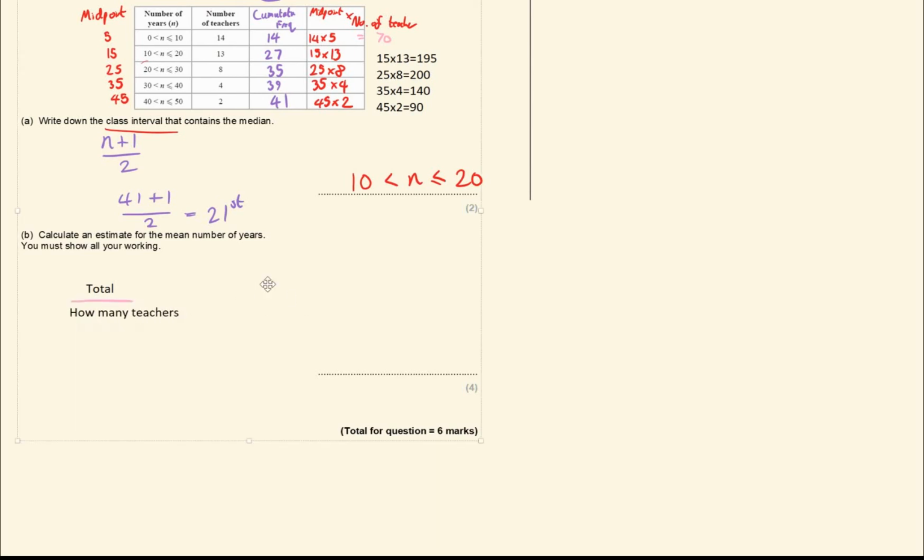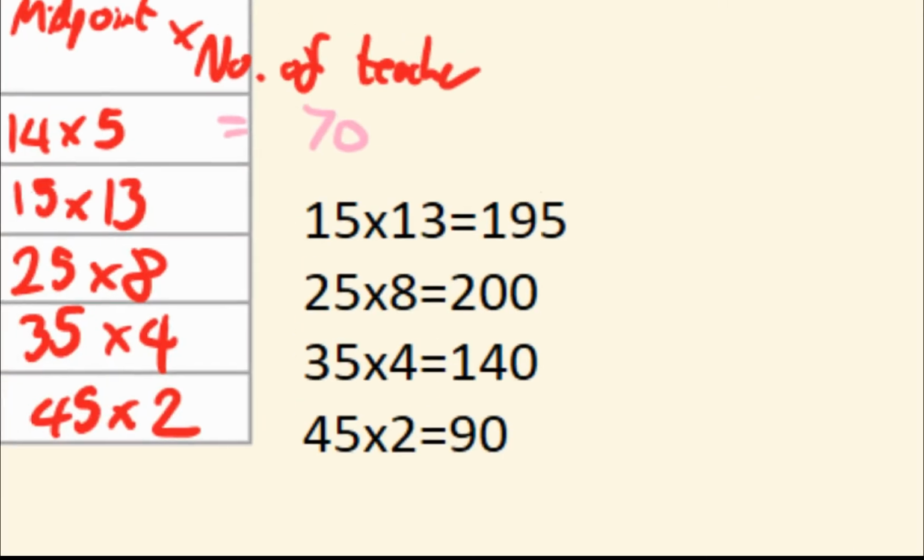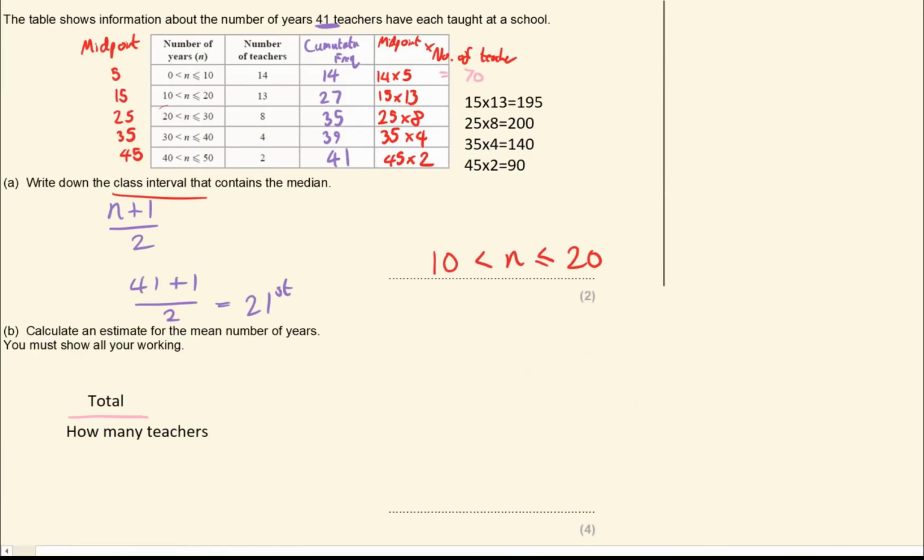So the total is going to be all these little totals added together. Each of these numbers, the 70, the 195, the 200, represents the total for each row. So this row have taught for a combined total of 200 years. So the overall total is all these added together: 70 plus 195 plus 200 plus 140 plus 90.